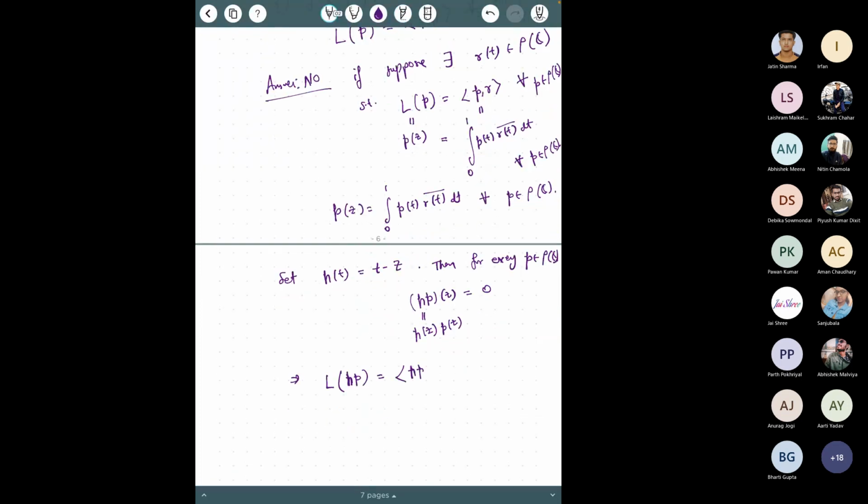And the right hand side is the integration from 0 to 1 of H(t) P(t) R(t) bar dt.